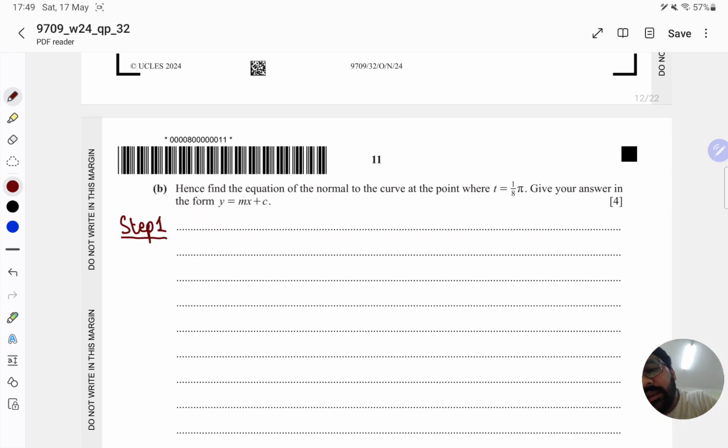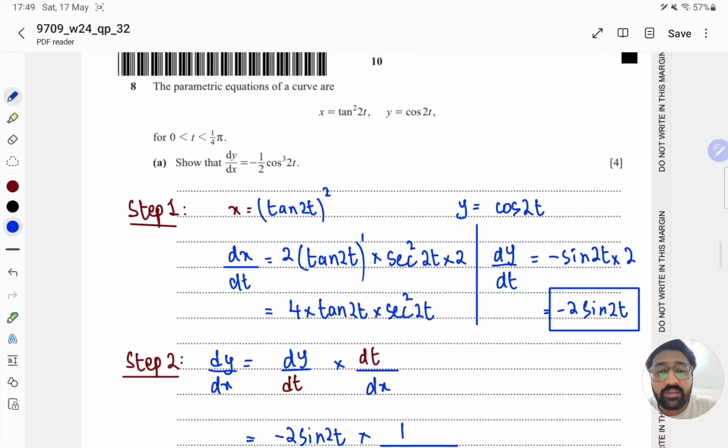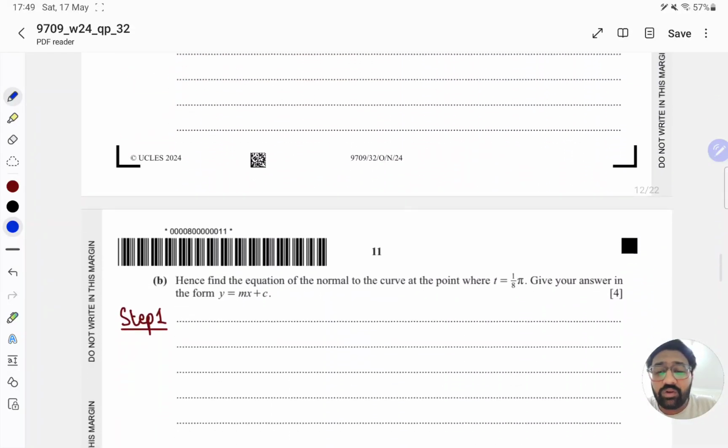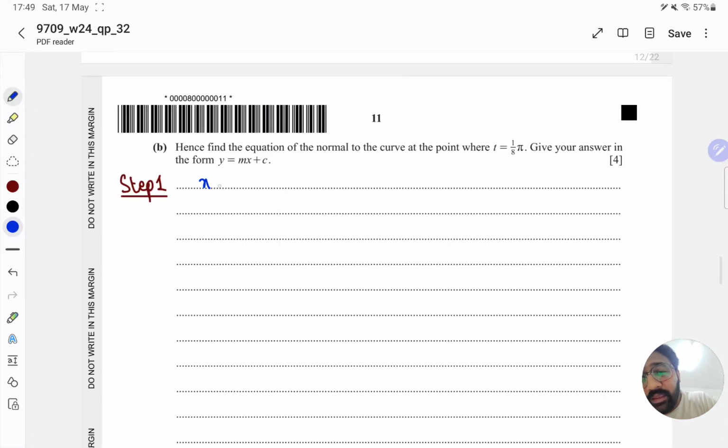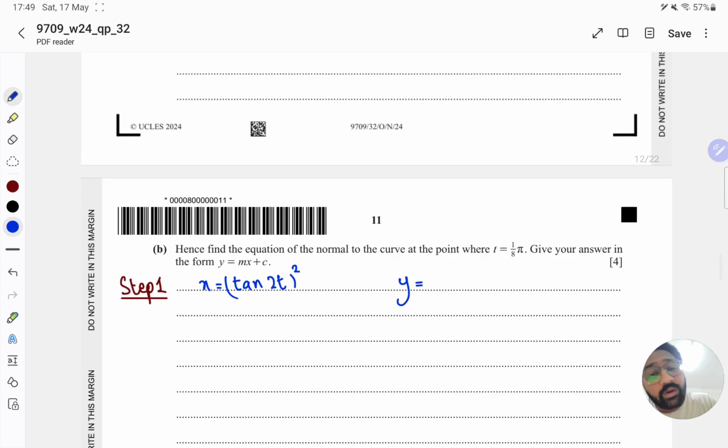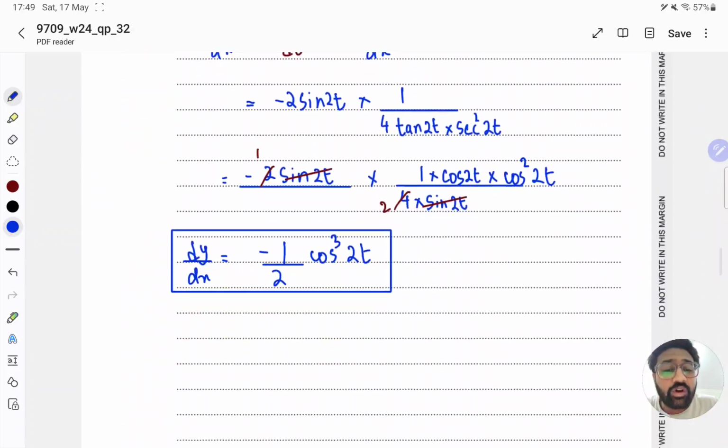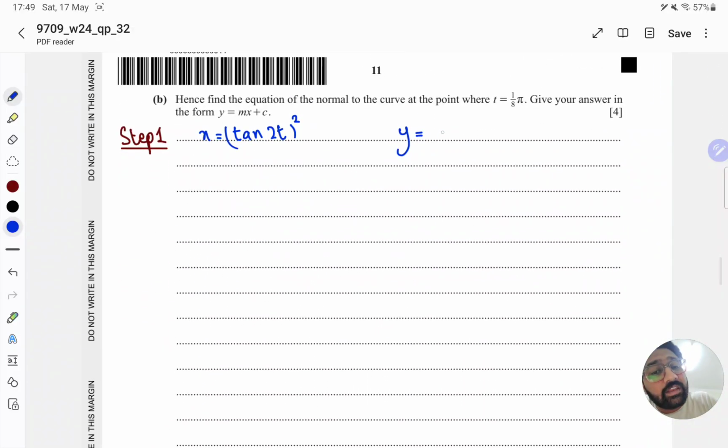Step 1, I have x as tan 2 theta whole squared and y is cos 2 theta. So I'll use these to find the value of the coordinates. I know that t is pi by 8.